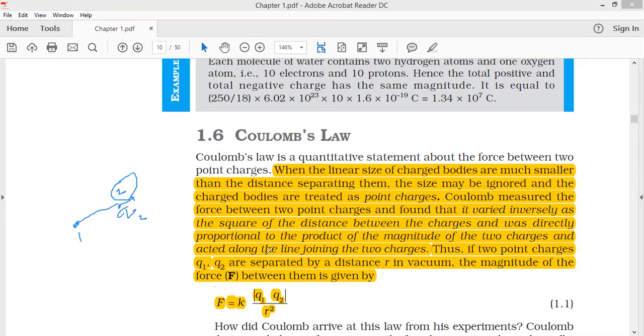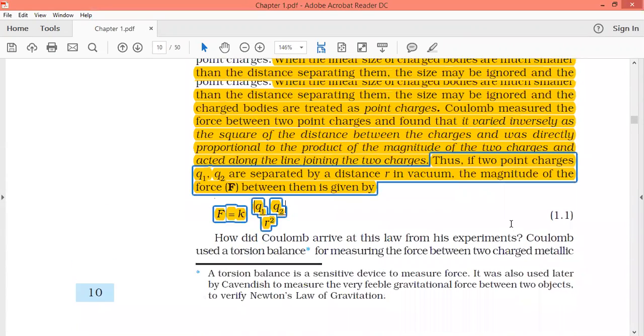It will act along the line joining the two charges. In whichever direction the two charges are connected, in that line only the force will be acting. So this is about Coulomb's law.